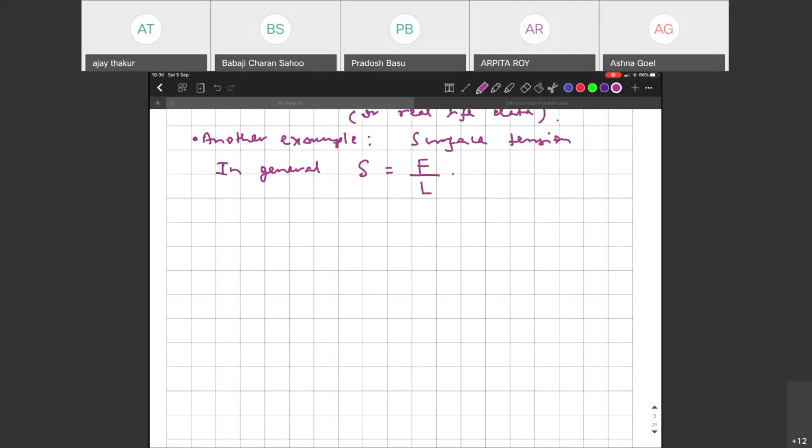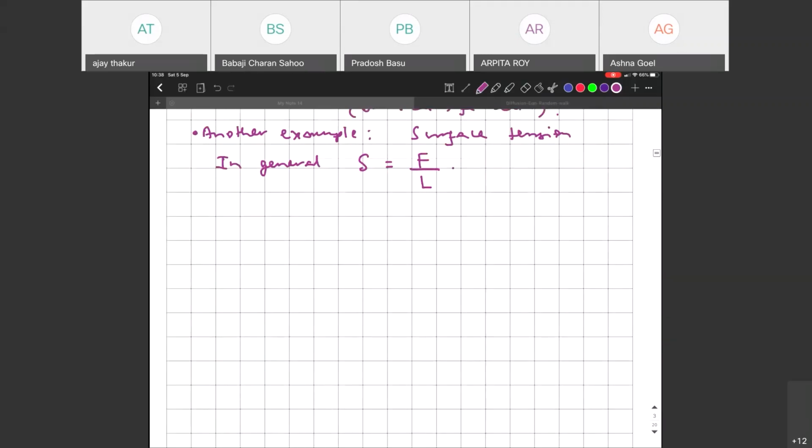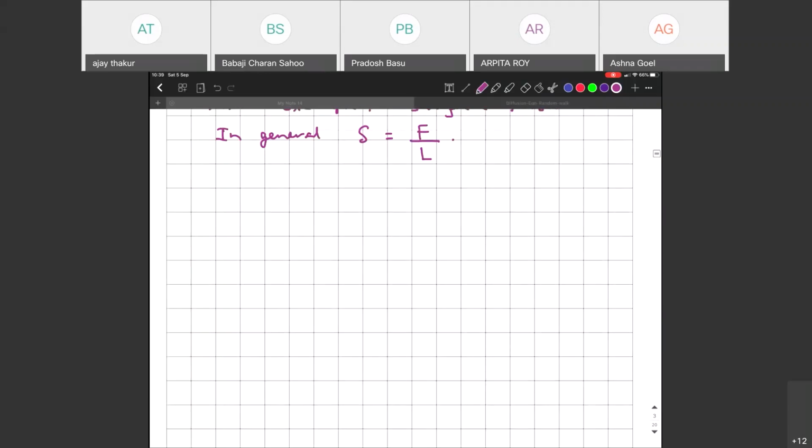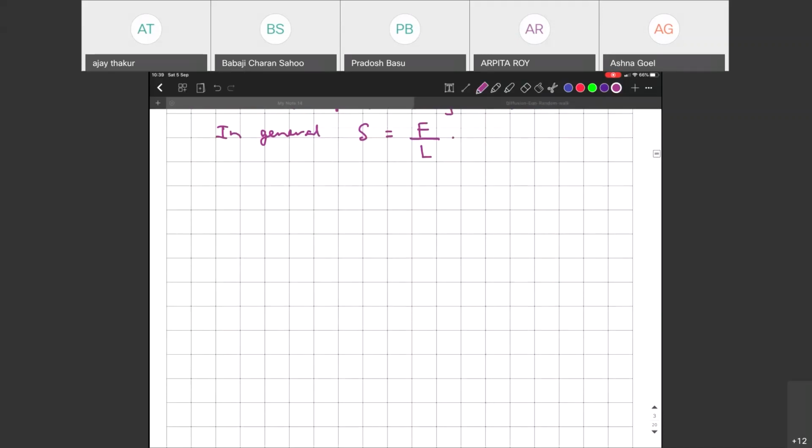So now you can imagine surface tension in terms of how we're going to pull. Say, suppose you are applying surface tension to pull two surfaces together with the help of an intervening fluid medium, then you will have to look at this problem in a particular manner.